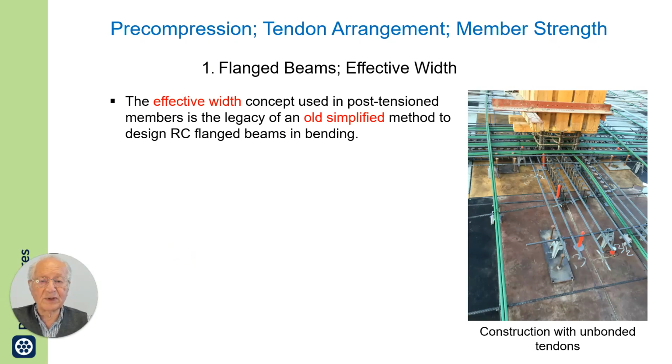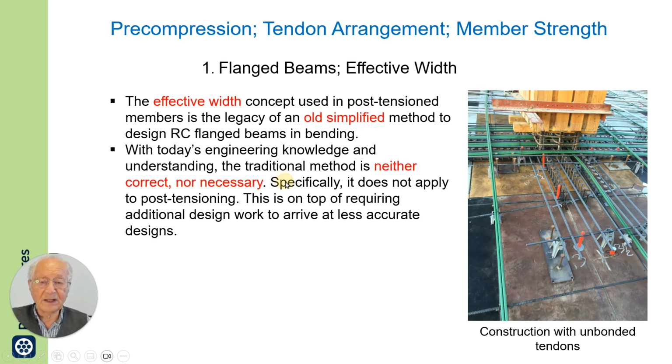Let us start with flanged beams and effective width. The effective width concept used in post-tensioned members is the legacy of an old simplified method to design flanged beams in bending, which was carried over to post-tensioning. With today's engineering knowledge and understanding, the traditional method is neither correct nor necessary.